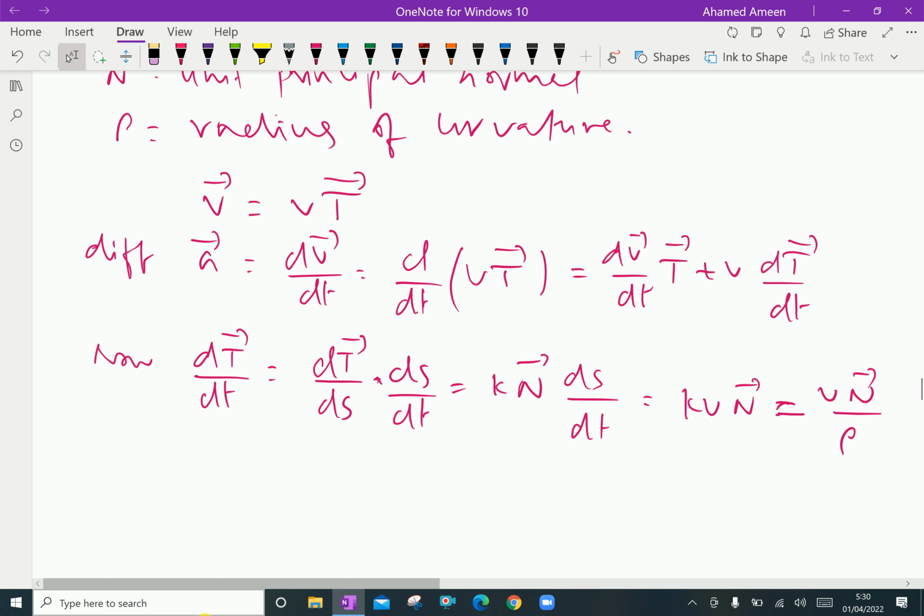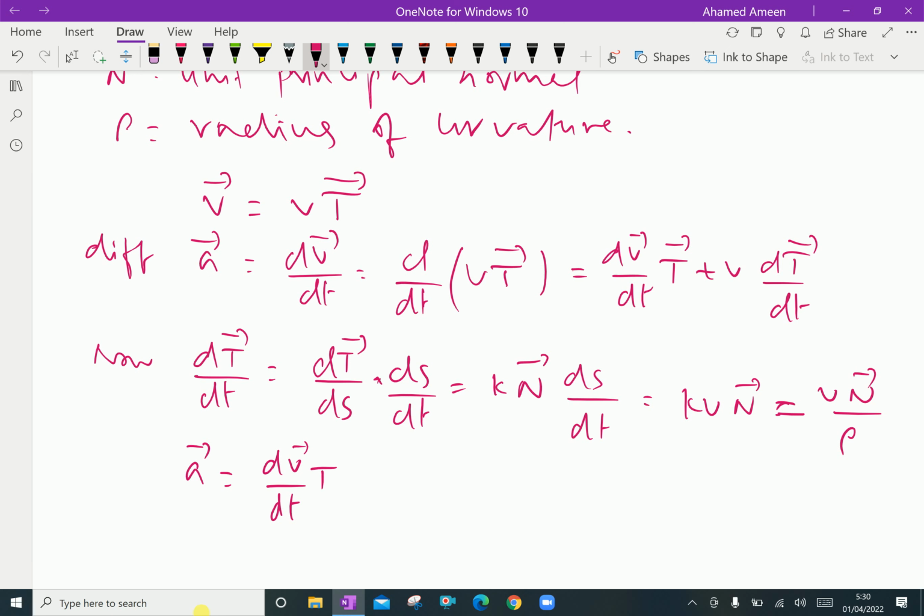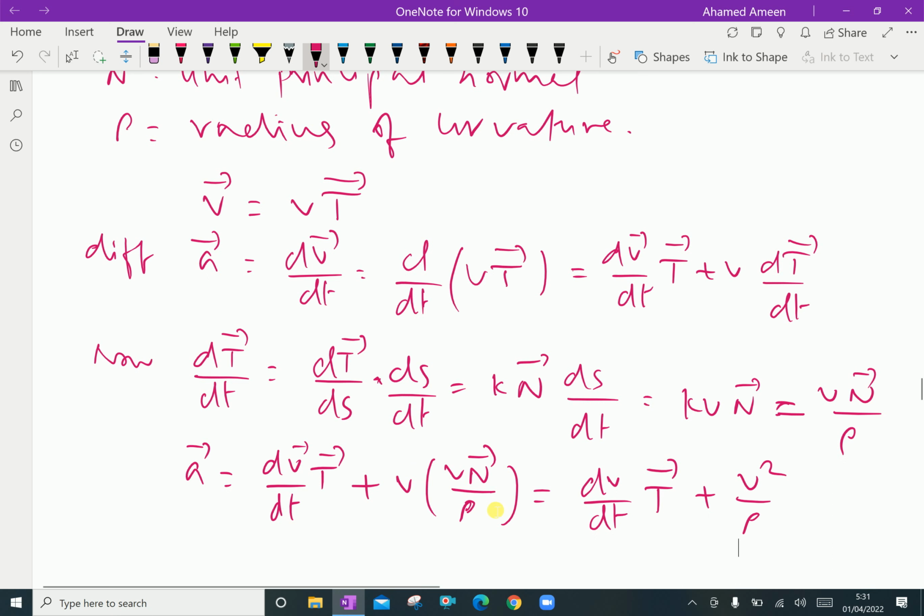Now dt by dt we got that, therefore acceleration vector equal dv by dt into t vector plus v into v n vector over rho, which is further equal to dv by dt t vector plus v squared by rho n vector.